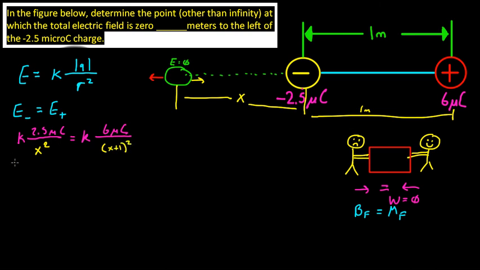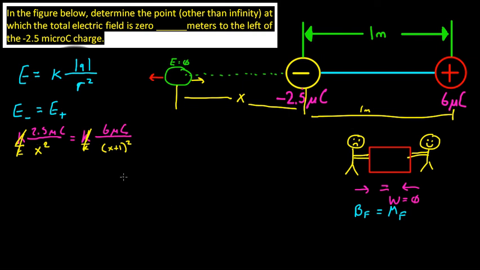Now all we need to do is a little bit of algebra. The first thing we do is cancel off those k's. So we're left with 2.5 microcoulombs over x squared equals 6 microcoulombs over x plus 1 squared.